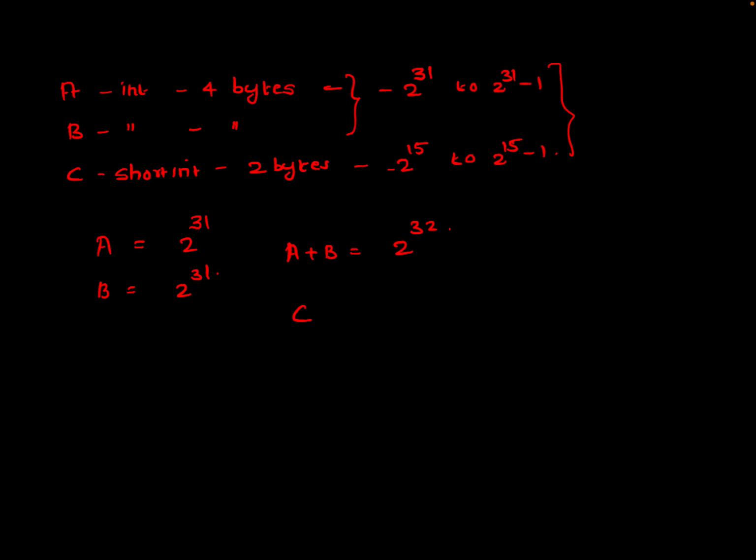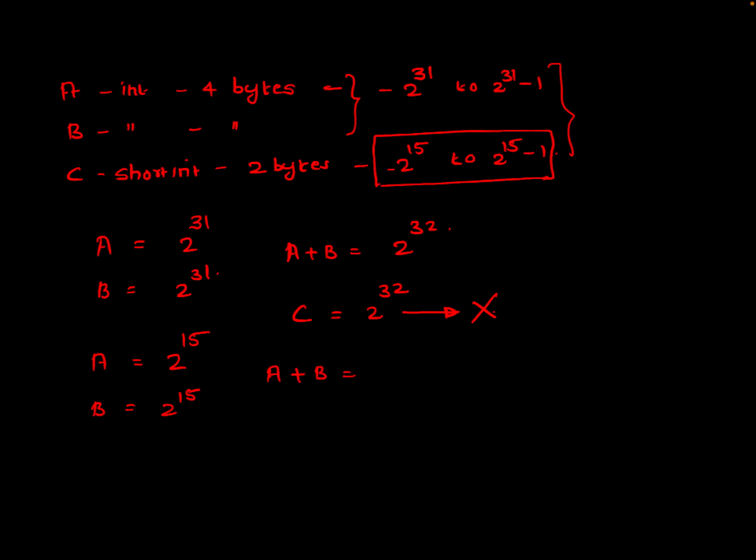Now when you put C is equal to 2 raised to 32, you see that C can hold only a maximum of 2 raised to 15. This implies the value stored inside C will not be 2 raised to 32, but some other value. Even if you don't take 2 raised to 31, if I take A is equal to 2 raised to 15 and B is also equal to 2 raised to 15, when you do A plus B, this is 2 raised to 16.